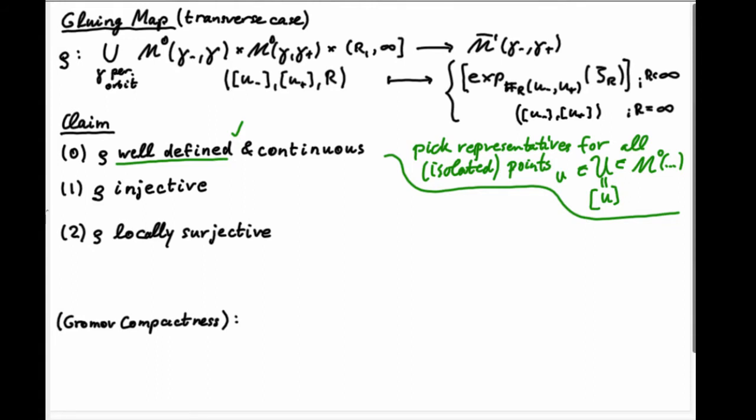Now let me say what continuous means here. Continuity for finite gluing parameters is fairly clear, but in particular I want continuity as R goes to infinity.